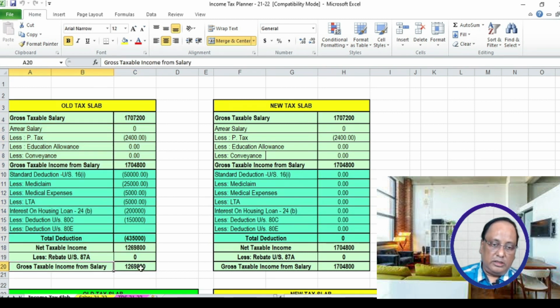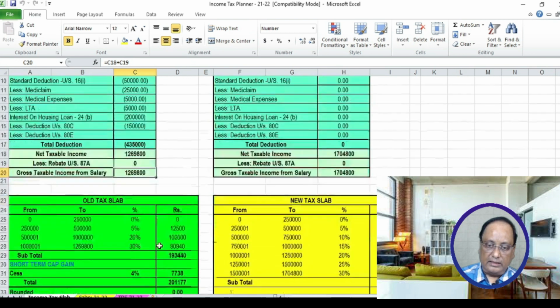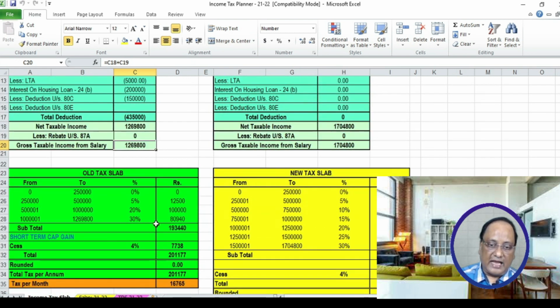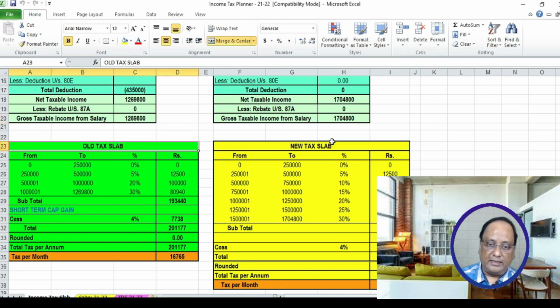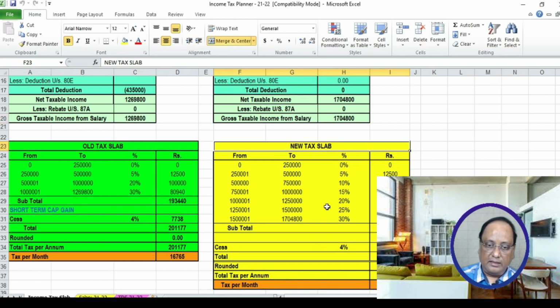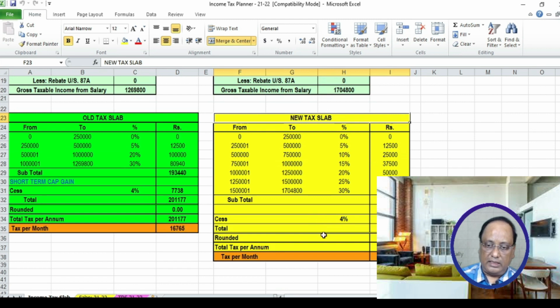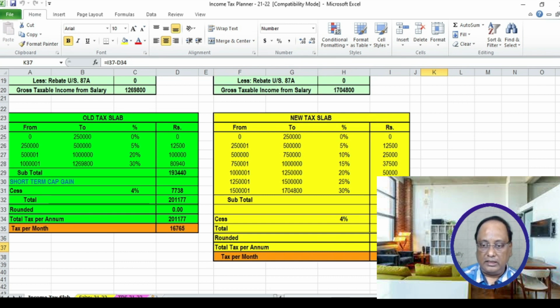So your income is matching over here, and I have given the tax slab also. What is the old tax slab rate and what is the new tax slab rate? Everything is given over here, and the net difference you can see over here, that is 57,720 annually, and rupees 4,810 monthly.